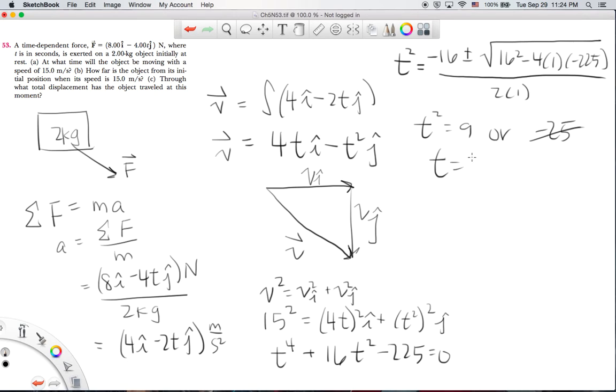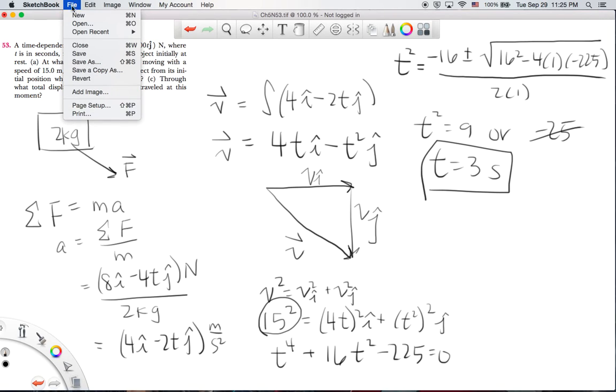So t equals 3 seconds. So as you see here, we plugged in 15 meters per second for velocity. So this time is the time when the speed is 15 meters per second. So that answers part A.